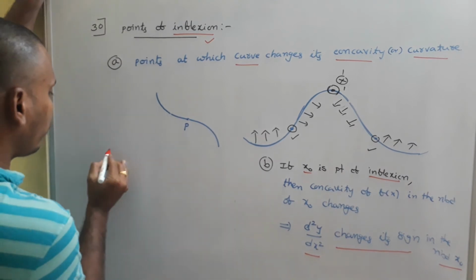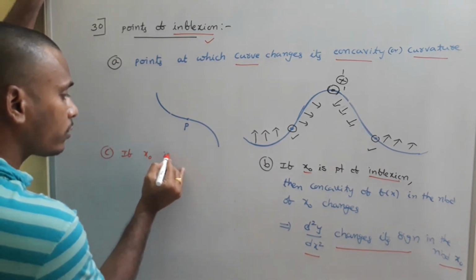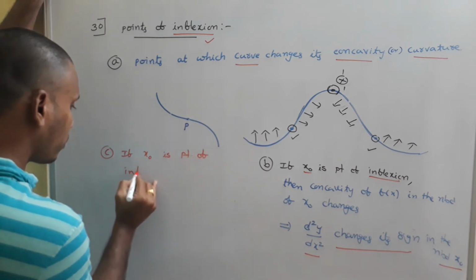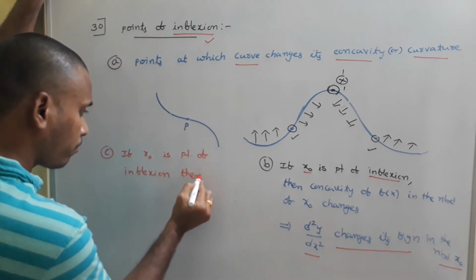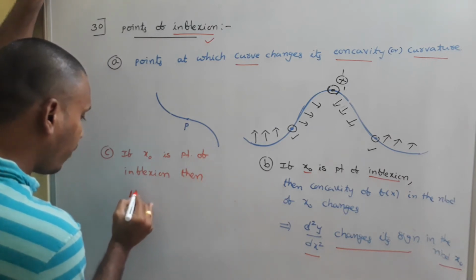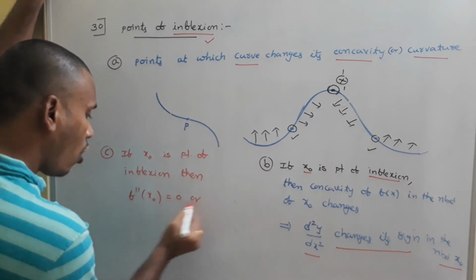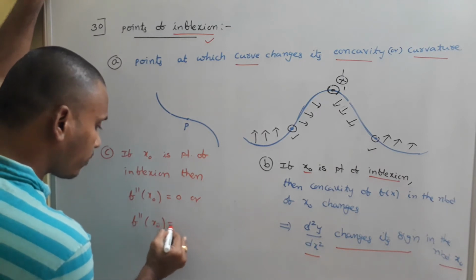So the next thing is, if x naught is a point of inflection, then what will happen? Then the second derivative f double dash of x naught is equal to 0 or f double dash of x naught does not exist.